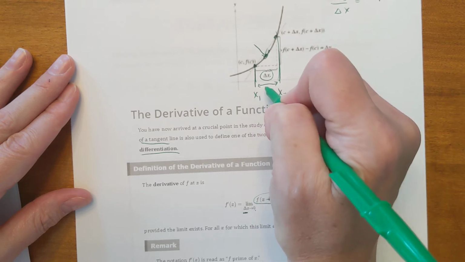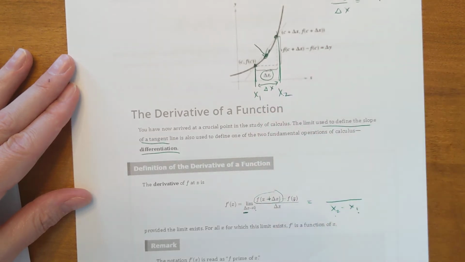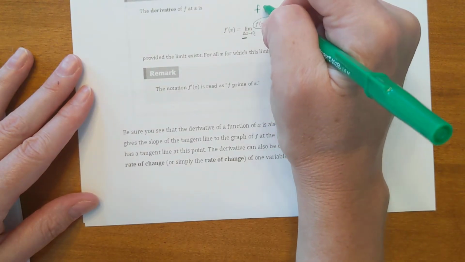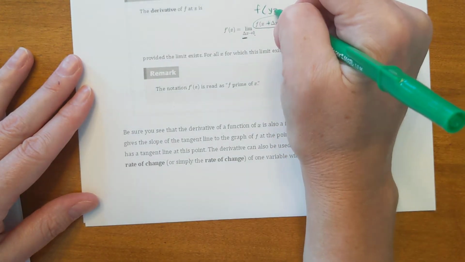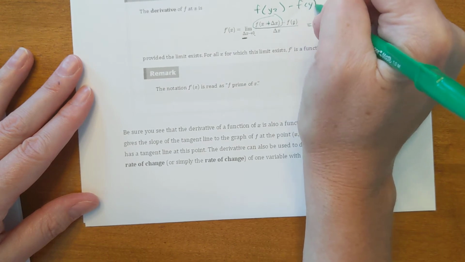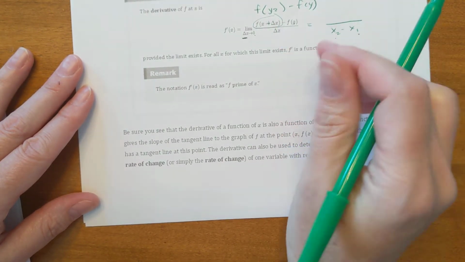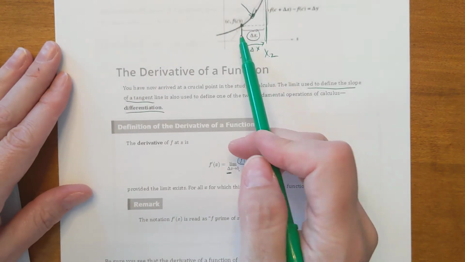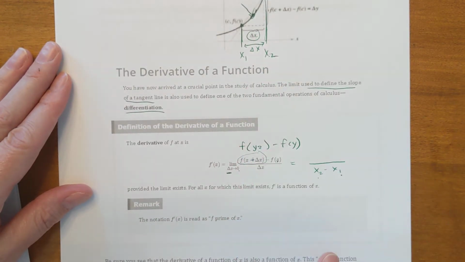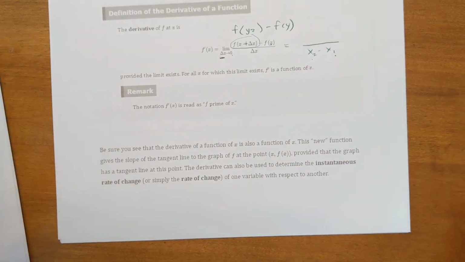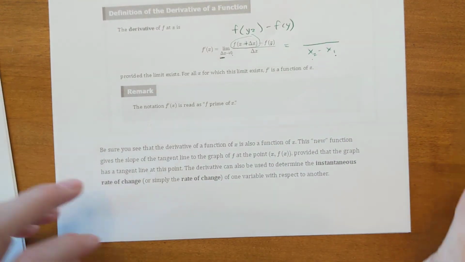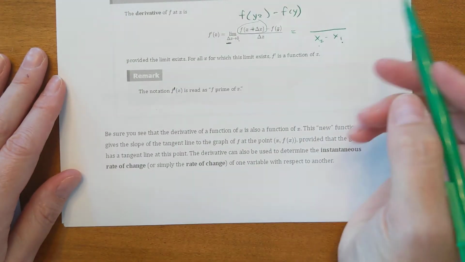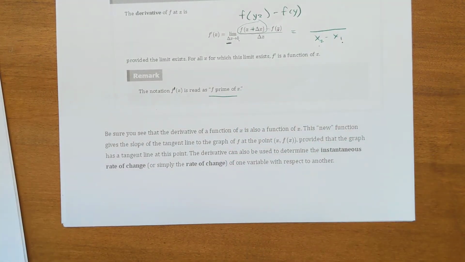Instead of saying x2 minus x1, they call it the change in x, how far over it went. So it's just slope. And a remark on notation: when you see the little tick mark for a derivative, it's read f prime of x.